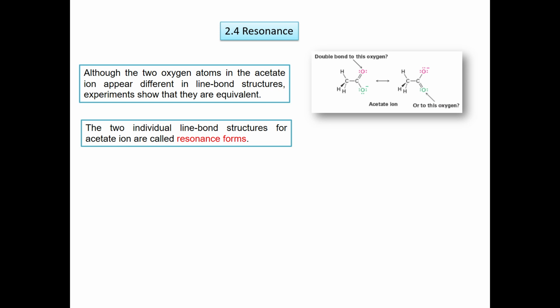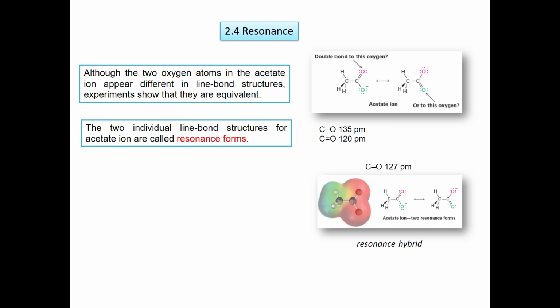That means that reality is an average of this resonance form plus this resonance form. Here we can see the resonance hybrid.